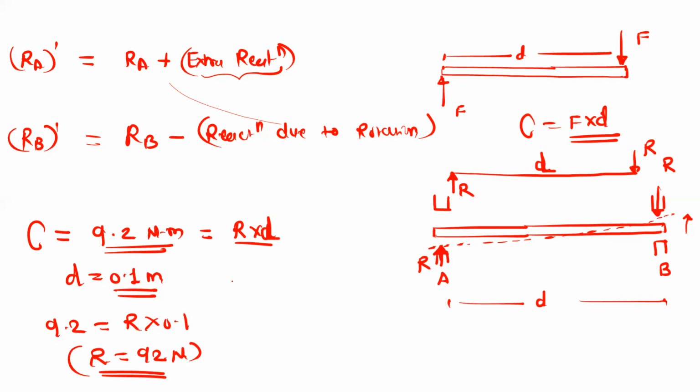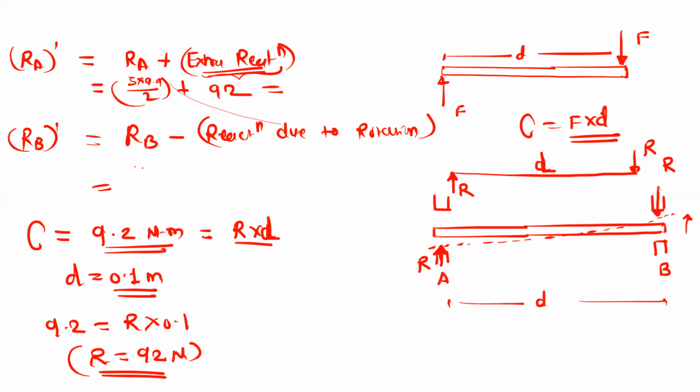So whenever we calculate the net reaction at A, we need to add this extra reaction, and at B, we will subtract the reaction. So RA will be, so RA is W by 2 plus that 92.